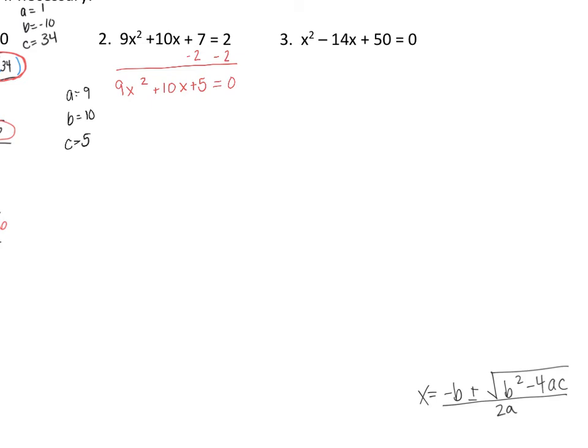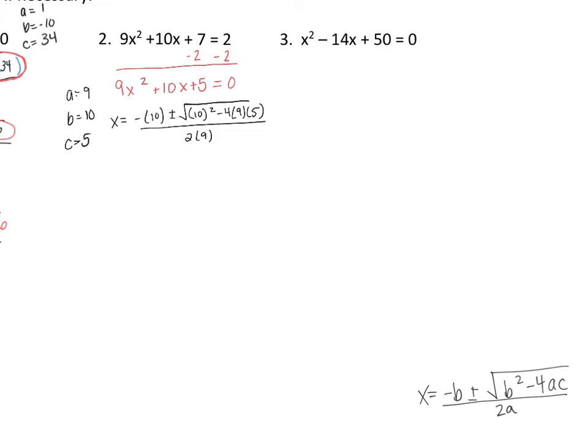And then I'm just going to plug into my quadratic formula, which is at the bottom of the right screen. So I have x equals negative 10 plus or minus the square root of 10 squared minus 4 times 9 times negative 5, all over 2 times 9.